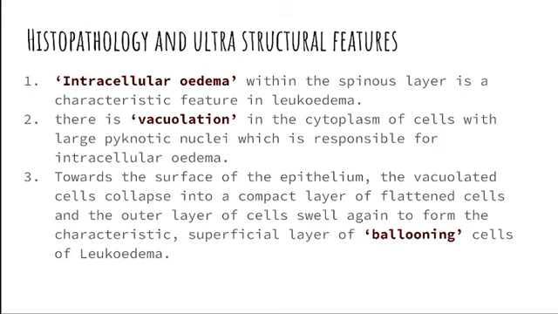So first it was swollen, then it got compact and collapsed, and then the layer which is outer to these compact cells starts ballooning, and that superficial layer contains the ballooning cells of leukoedema.